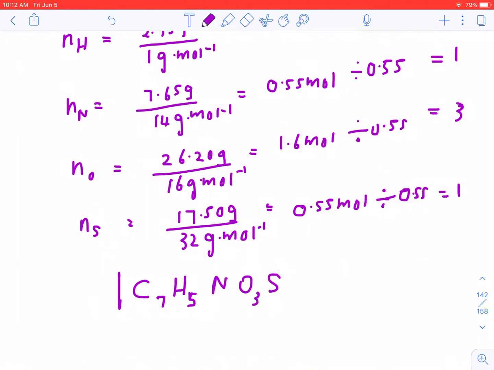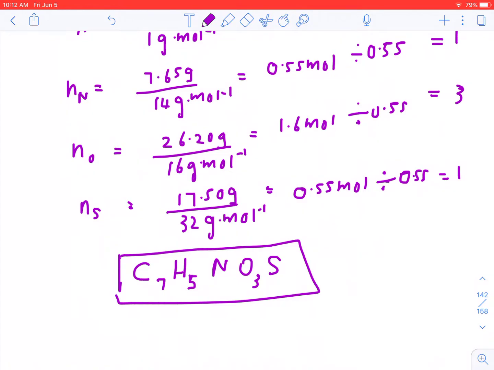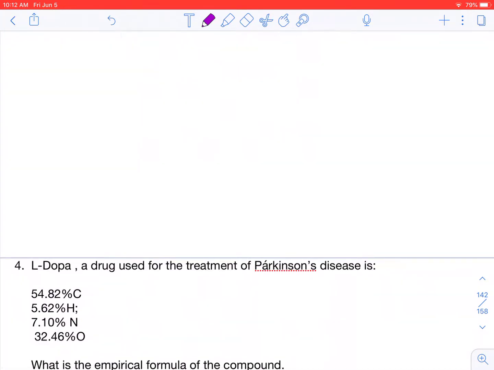So that's the empirical formula of saccharine. Right, and you can verify it, like I did with the other example, and check whether the percentage compositions are correct. You just need to determine the molar mass of this. Right, now let's go to the next one.